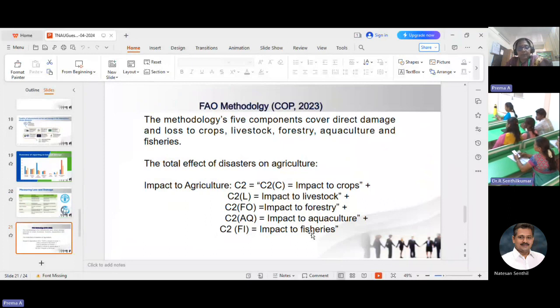The total effect of disasters on agriculture is given as the sum total of the impact to crops, livestock, forestry, aquaculture, and fisheries. So all the sectors are taken into consideration when we look into the FAO methodology for this disaster.